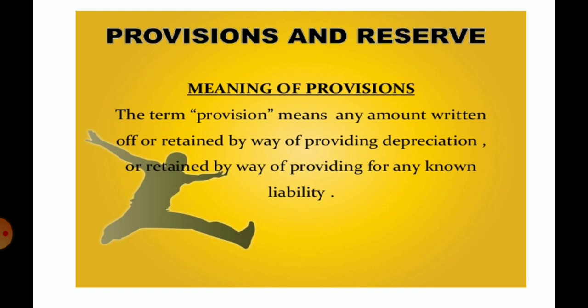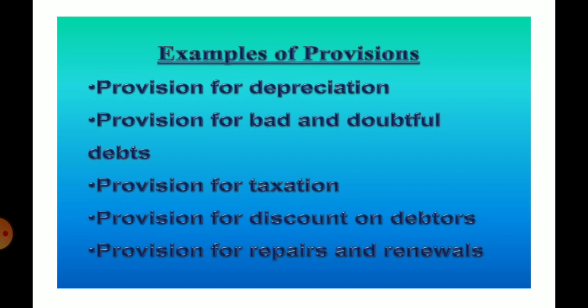It is maintained for an uncertain, approximate amount for meeting the contingencies of the business. There are several examples of provision, like provision for depreciation or doubtful debts, for taxation, discount on debtors, and repairs and renewals.